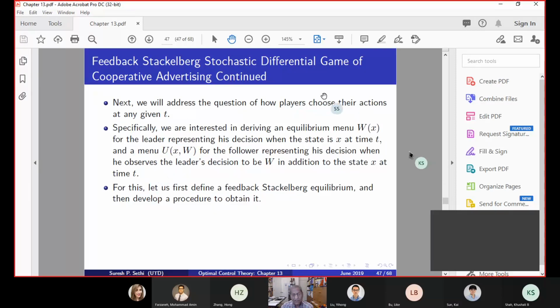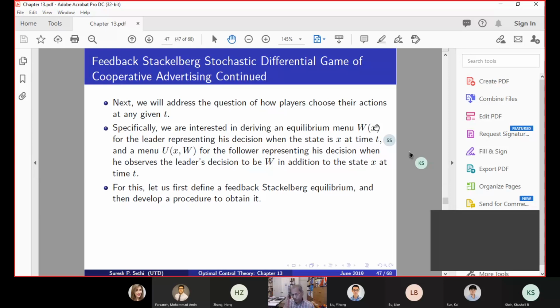So we now decide how the players behave. The way the players behave is that they solve this mathematical problem, and that gives them a menu called W of X. It's a function, optimal feedback on X. It's a menu. That means it's a table.